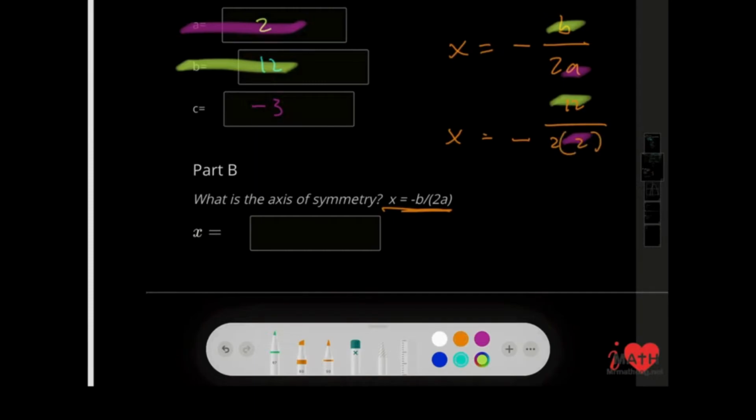Let's simplify that. So x equals negative 12, and then 2 times 2 is 4. Did you notice I'm doing that negative sign at the very end? That's just my preference. 12 divided by 4. Remember, if you don't understand cross canceling, 12 is really 4 times 3. So cross out your 4s. 4 divided by 4 is 1. So I'm left with x equals negative 3 is my answer.